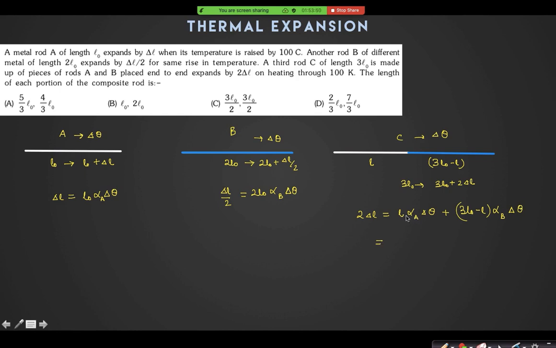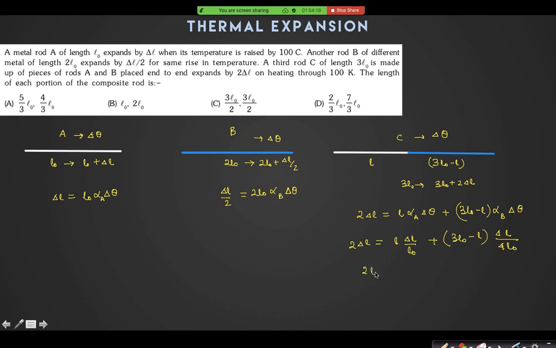So I can say what is alpha A into delta theta? Delta L by L naught. What is alpha B into delta theta? Delta L divided by 4 L naught. So from this equation delta L gets cancelled out.